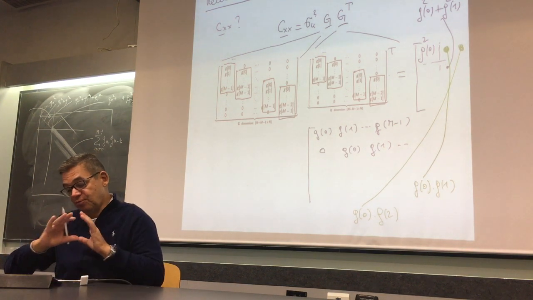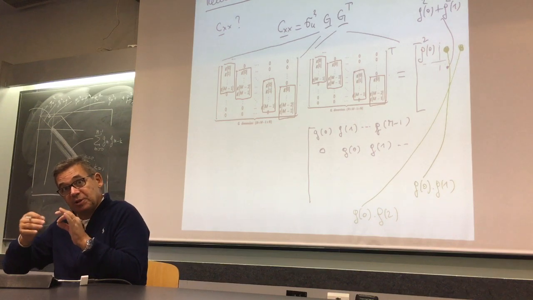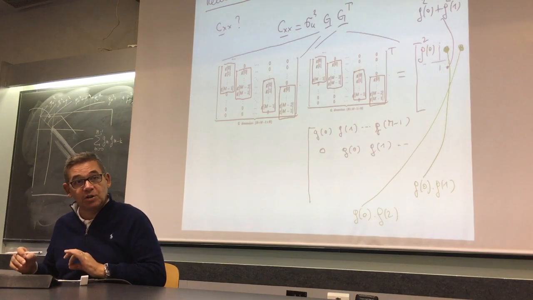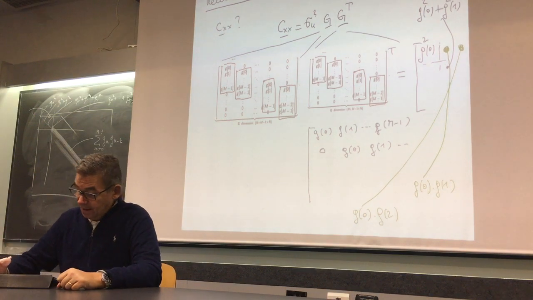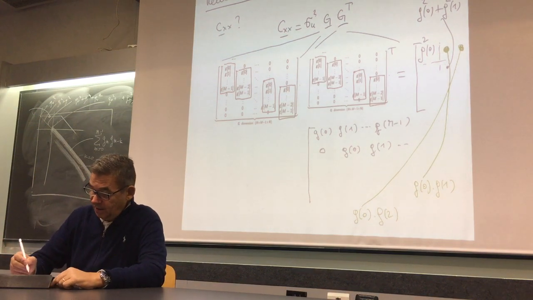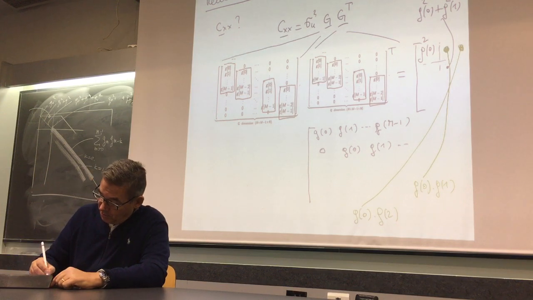I encourage you to look by yourself and try it with G1, G2, and so on, in order to convince yourself about this property. Let me write here the most relevant concept.